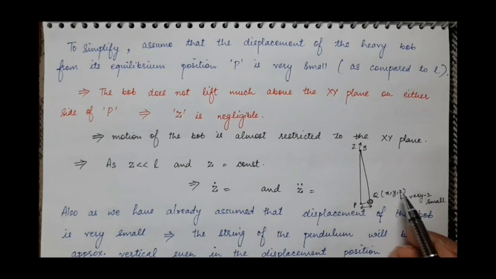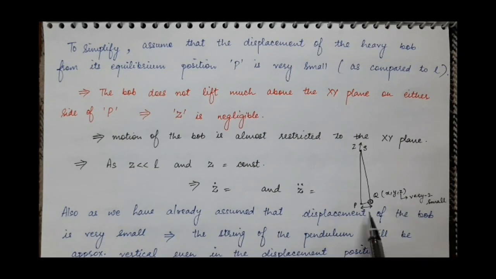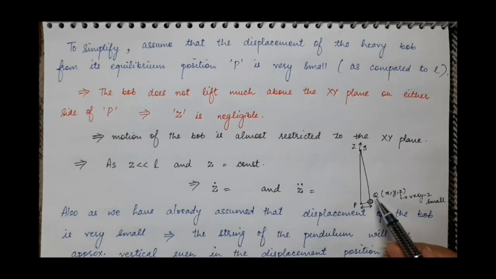We can assume that this heavy bob only oscillates in the xy plane because the value of z is so small that it can approximately be taken as 0. So the coordinates of point Q will be x, y, 0. It means the bob oscillates in the xy plane.